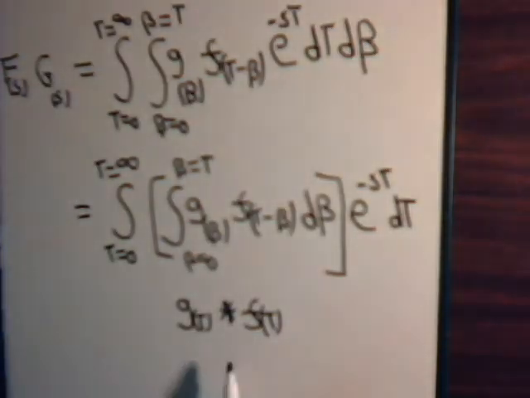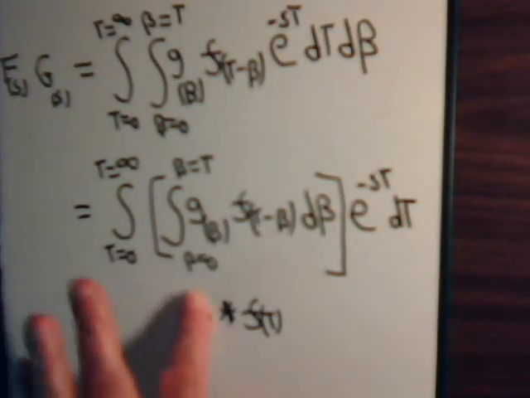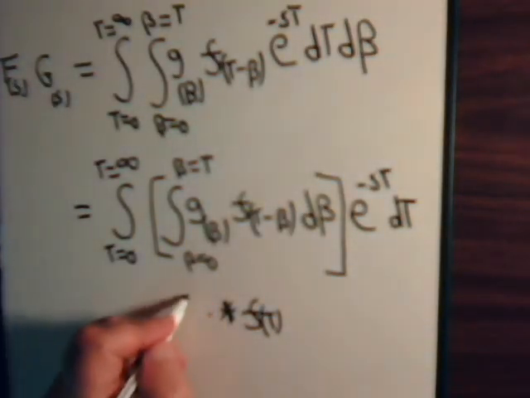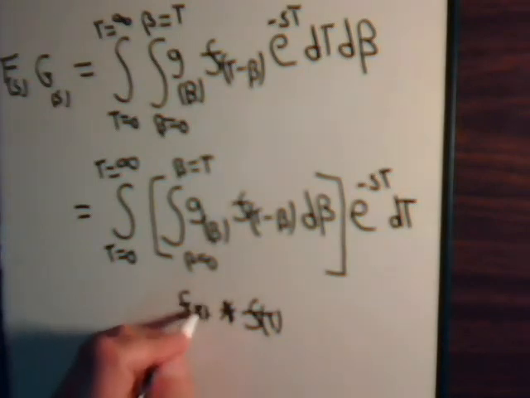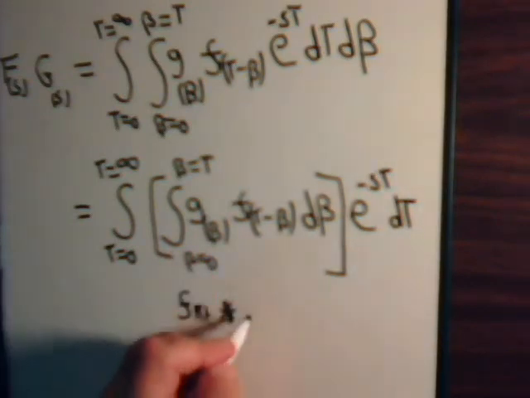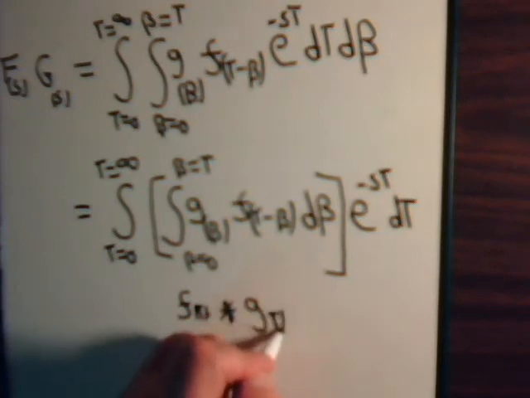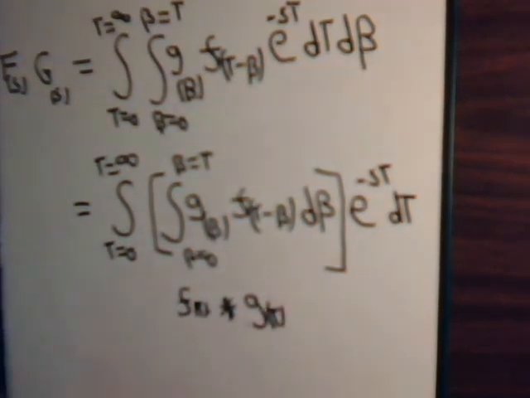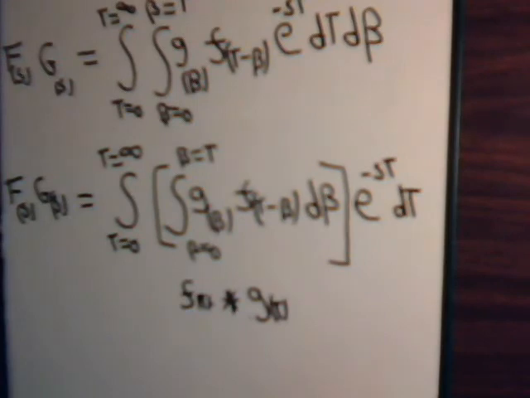So we can write it as f of t convolution g of t if we want to. Remember what this is. This is f of s times g of s. So what do we have?